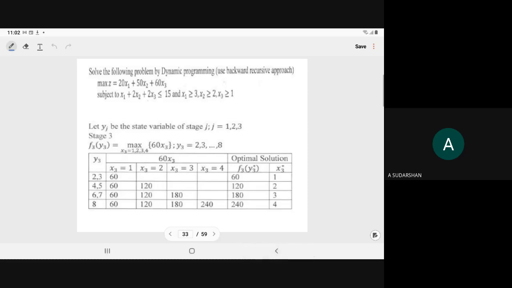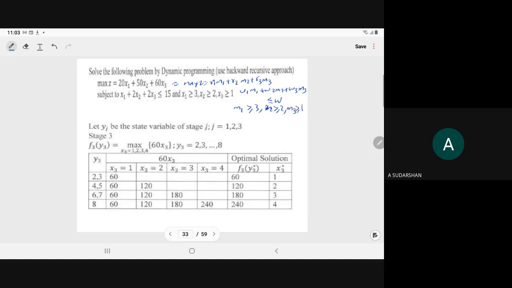So if you compare with the knapsack problem, it becomes: maximize z is equal to R1 M1 plus R2 M2 plus R3 M3 subject to W1 M1 plus W2 M2 plus W3 M3 less than or equal to capital W and M1 greater than or equal to 3, M2 greater than or equal to 2 and M3 greater than or equal to 1.